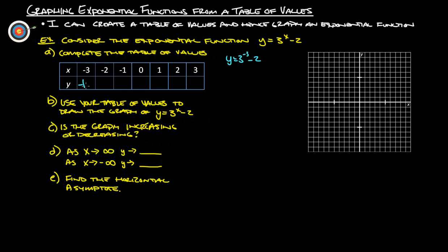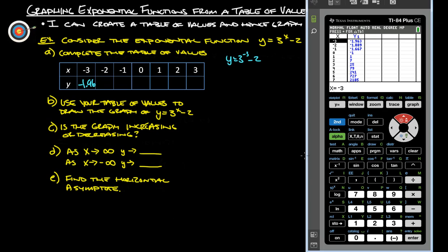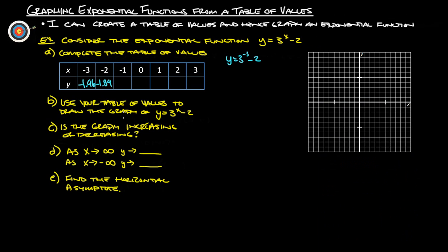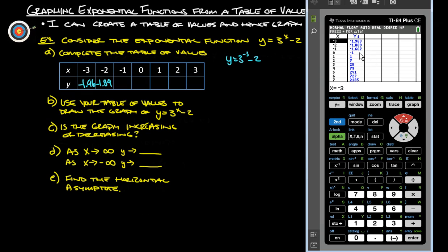So we get -1.963. Let's go with -1.96. And then the next one is -1.889, so -1.89, not 4, but 9. And then -1 is -1.67.